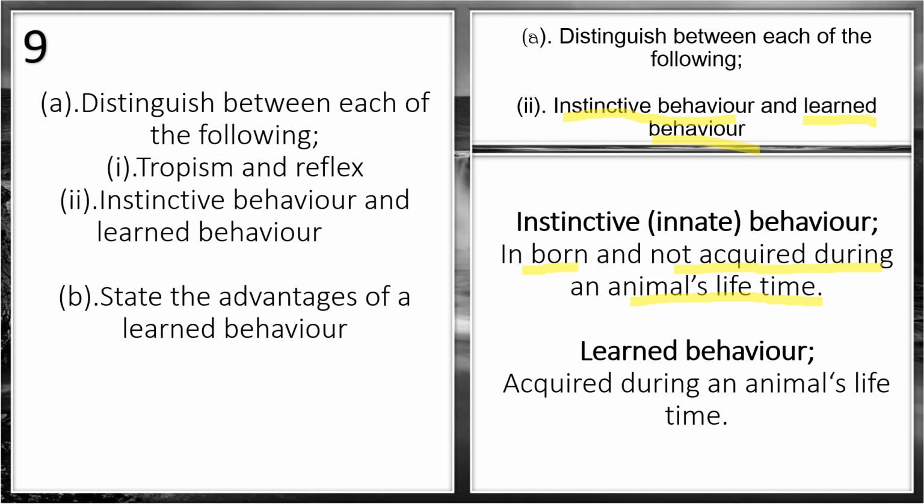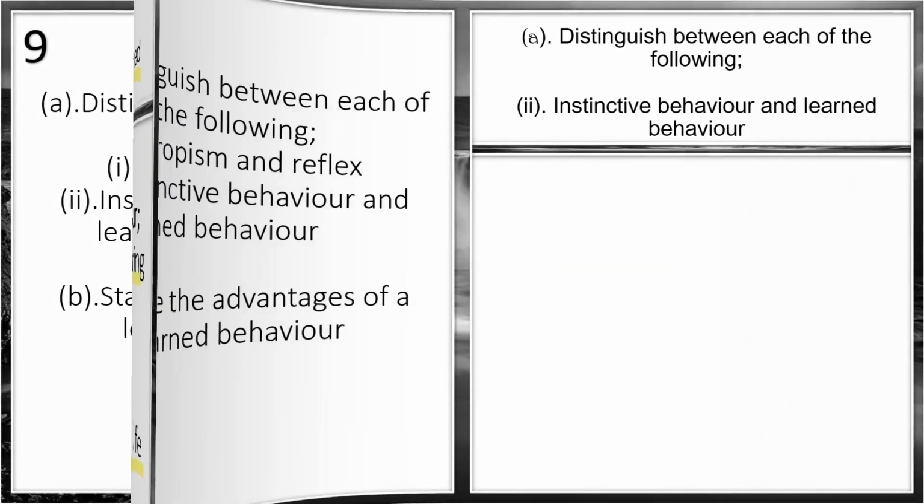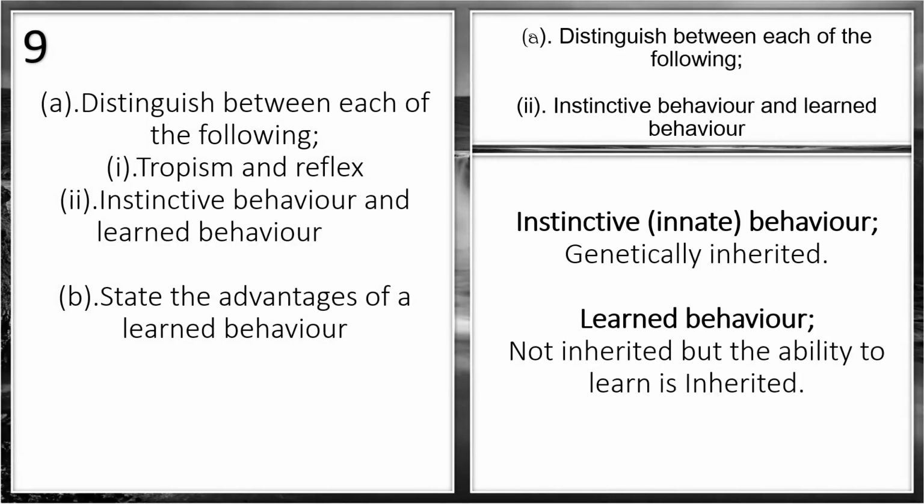Learned behavior is acquired during the animal's lifetime. Instinctive behavior is genetically inherited. Learned behavior is not inherited, but the ability to learn is inherited.